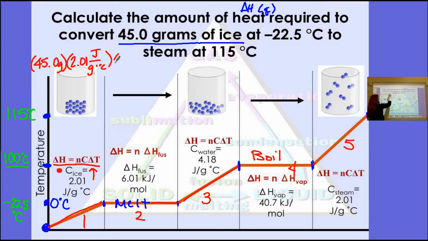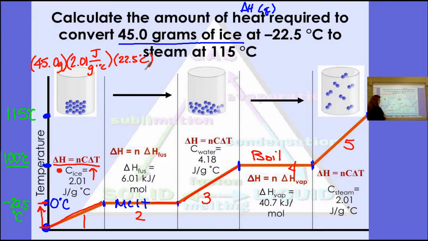And my ΔT, I'm changing the temperature. Now, I only want the temperature change for this first section. I'm going from negative 22.5 up to 0. So my temperature change, final minus initial, 0 minus negative 22.5, is 22.5 degrees Celsius.